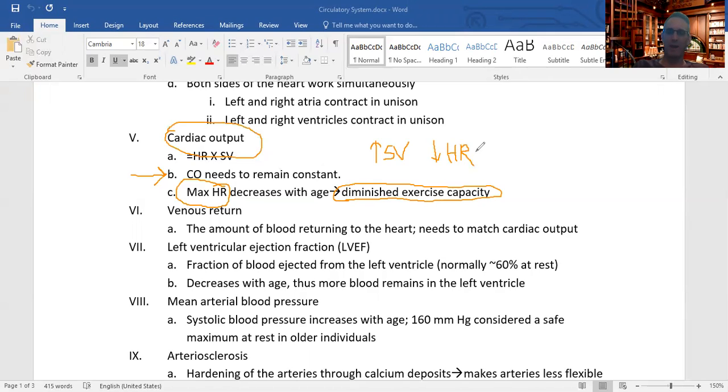And this is why regular aerobic exercise leads to a lower resting heart rate. It's because it increases stroke volume. This is also true in older individuals. But you don't change maximum heart rate. It's still going to decrease as we age, which means that even for somebody who exercises regularly and has a strong heart, their exercise capacity is going to go down with age.